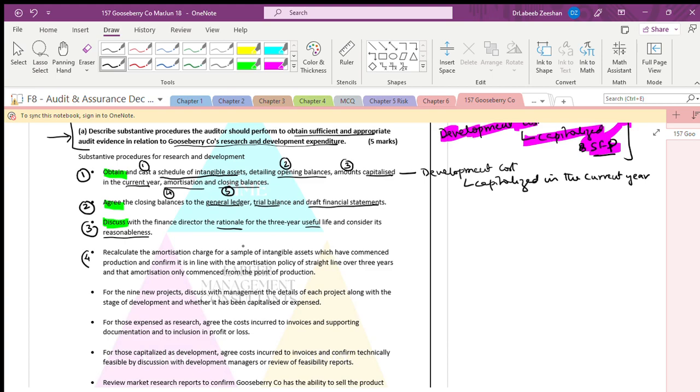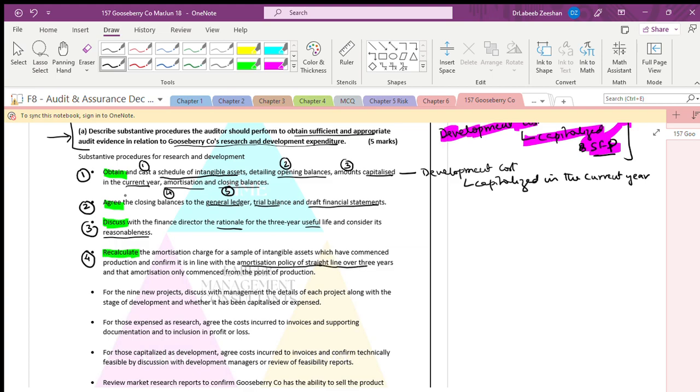What is the fourth point? Substantive procedures. You have to recalculate. You have to recalculate again. Maybe in that case we are convinced in one area, but we have to cross check from every different aspect. Recalculate the amortization: how much you have been writing off on a sample of intangible assets which have commenced production, and confirm what the policy is.